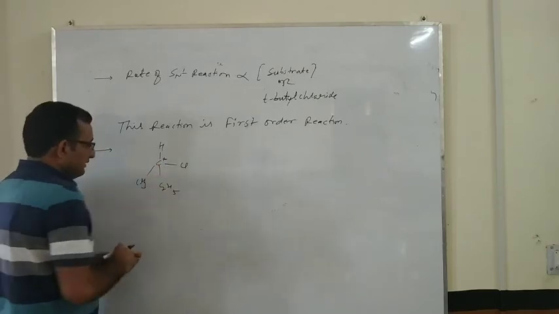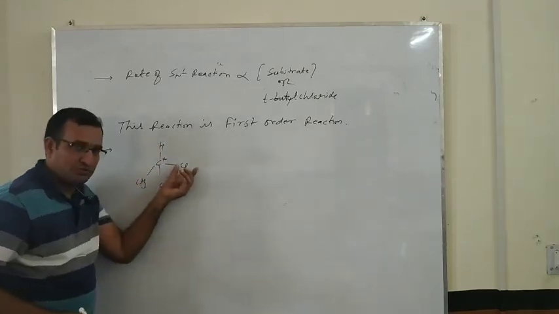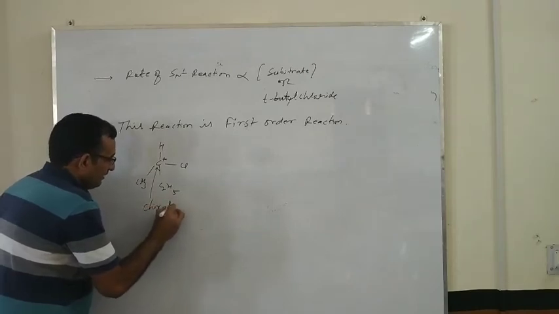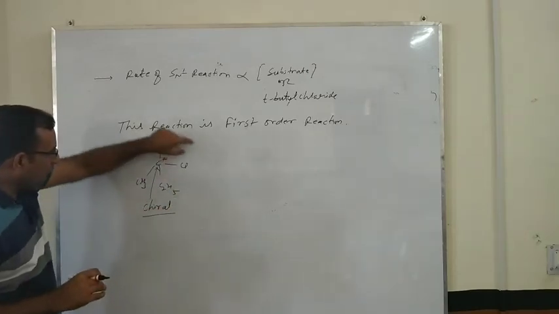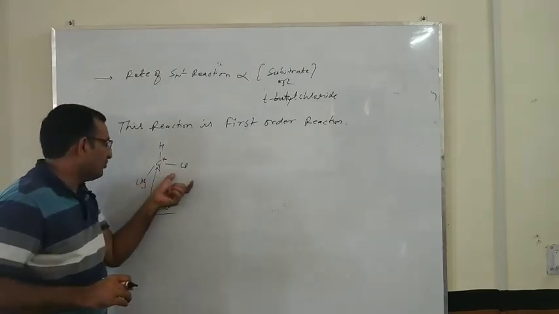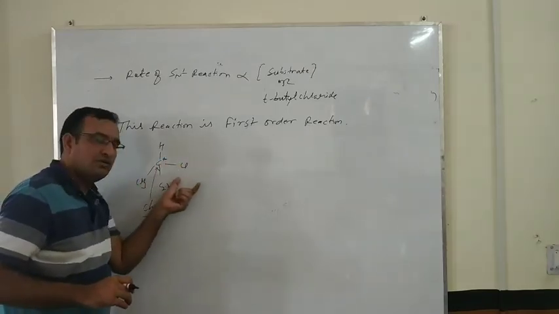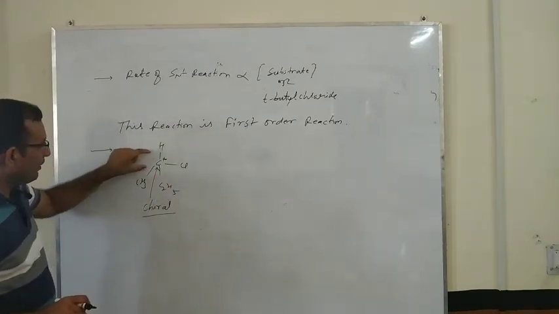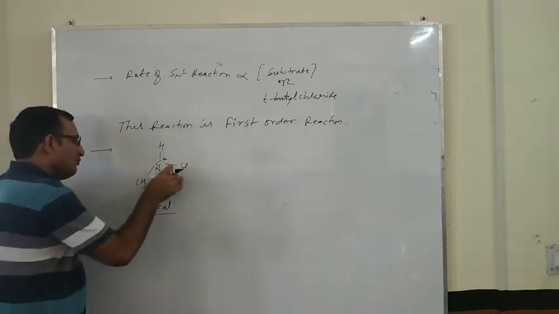This carbon is attached to 4 different groups, so this is a chiral carbon, and this molecule is also chiral because the mirror images of this molecule are not superimposable on each other. So this compound is a chiral compound or chiral molecule.